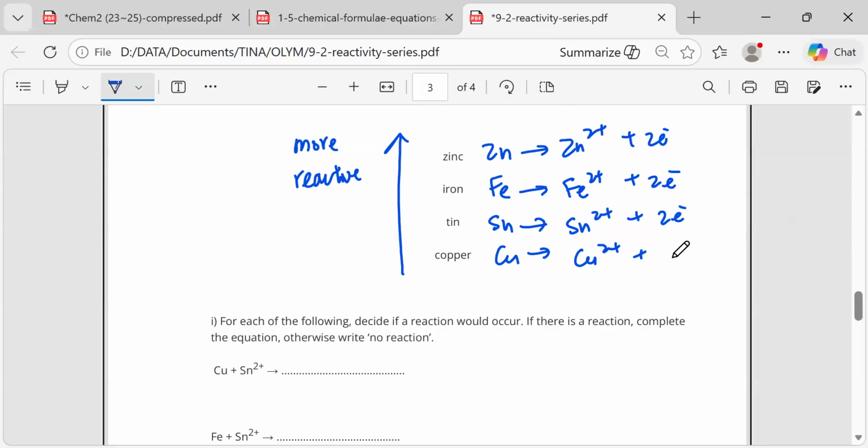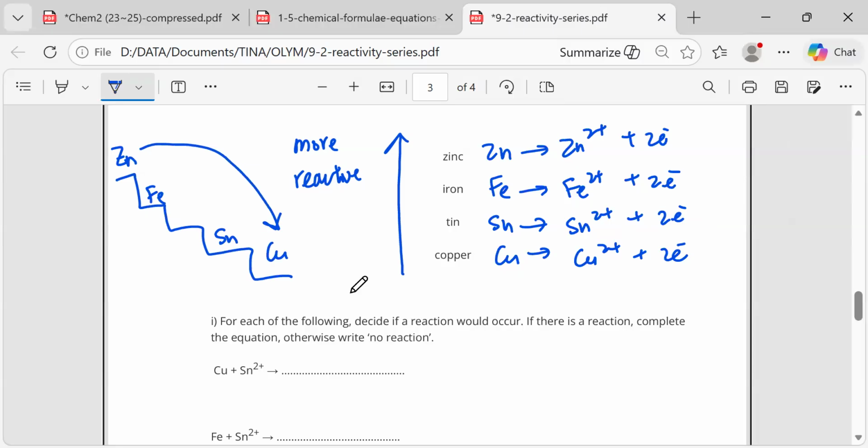Get it? You imagine them on stairs. The one on top will always give the electron to the one below. But the one below, in order to catch it, should it be an ion or should it be a metal?